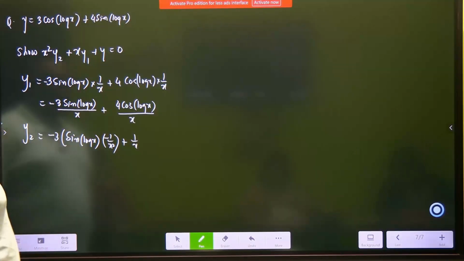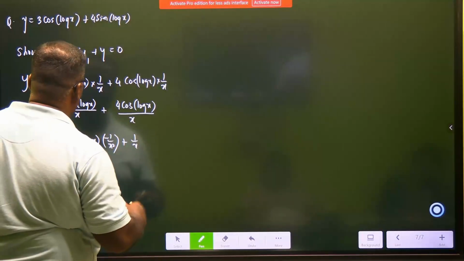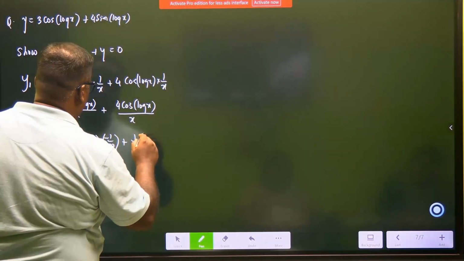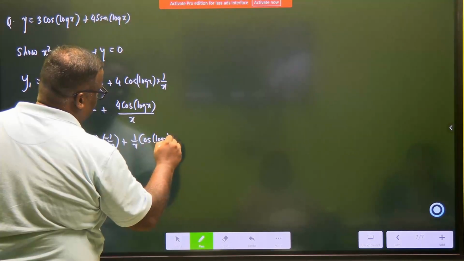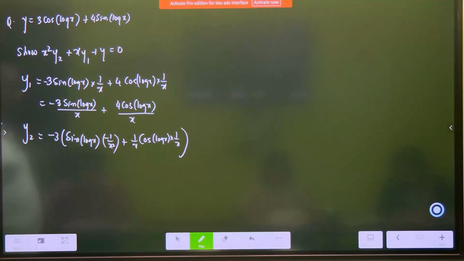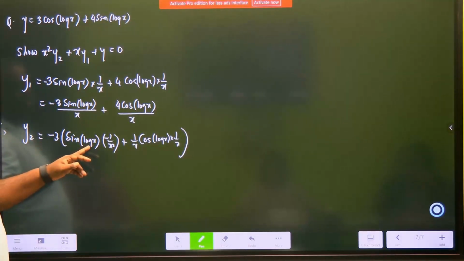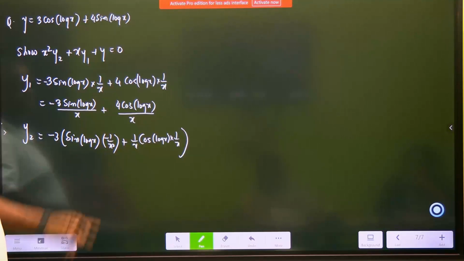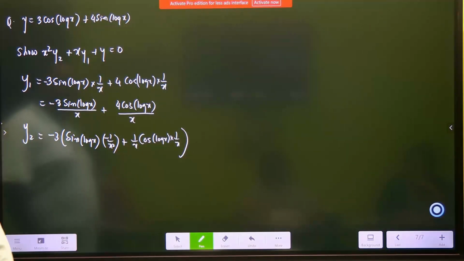Plus second function into differential of the first function, so cos of log x into 1 by x. Is this clear? Negative 3 taken outside. First function into differential of second plus second function into differential of the first.